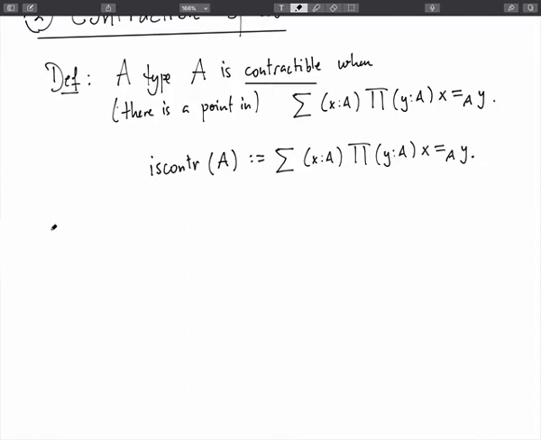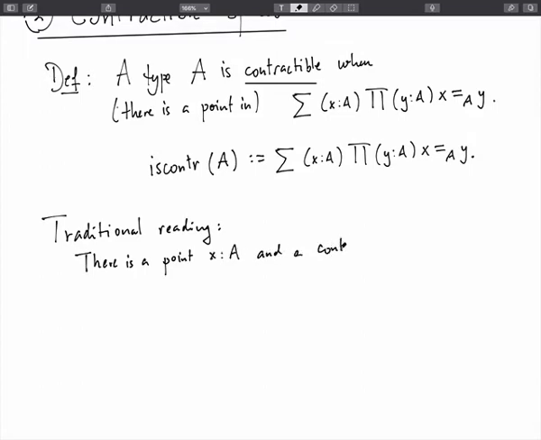So the classical, traditional reading of this definition is: there is a point x in A and a continuous map, well, what kind of a map is it?